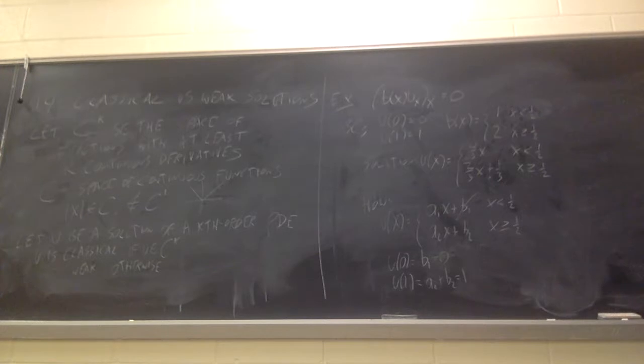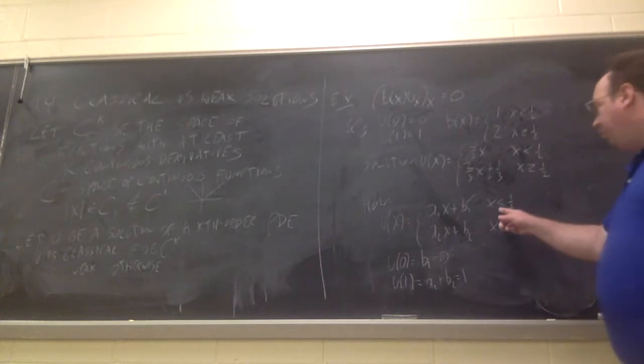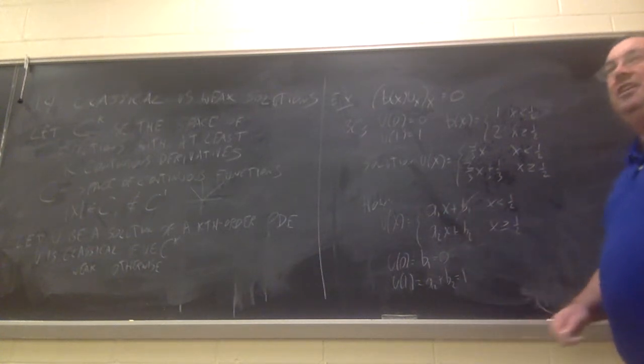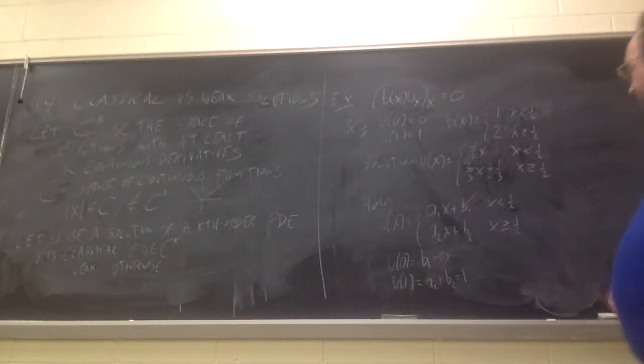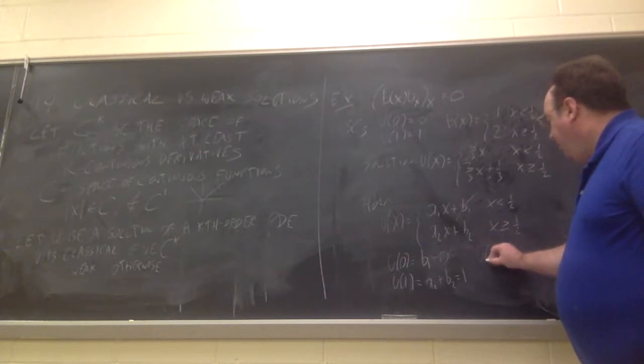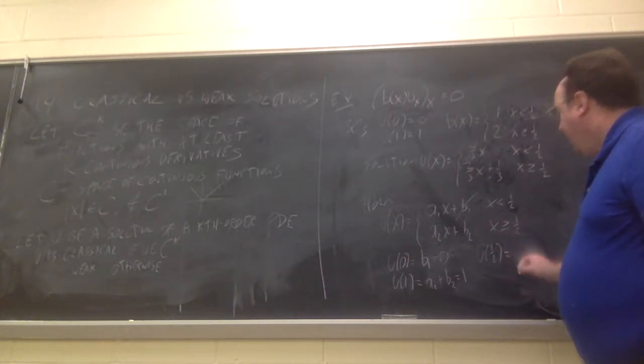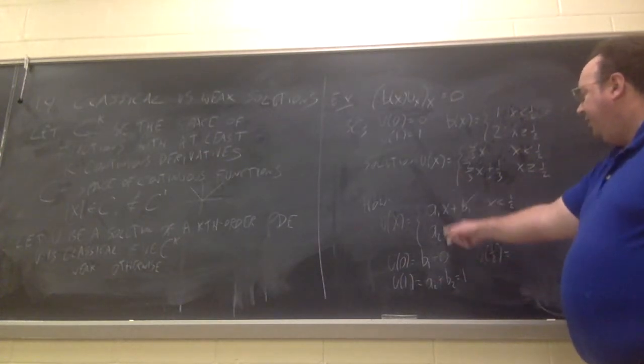And then I need to make sure that we have continuity. So if I plug in x equal to 1/2 in both pieces, they need to agree. So u of 1/2, I'd plug a 1/2 into both of these.